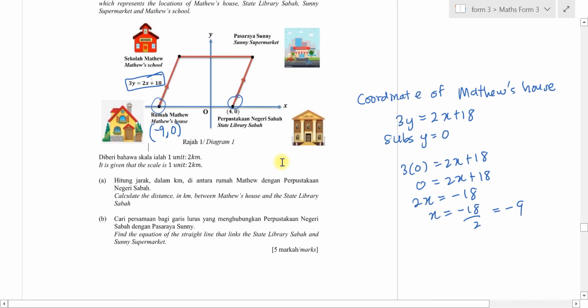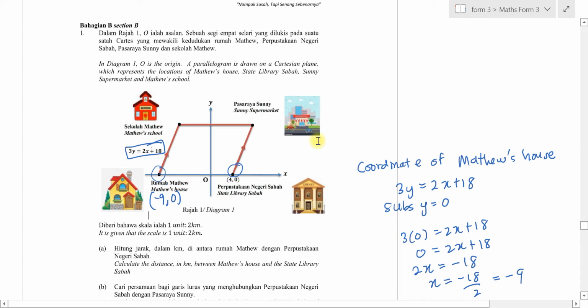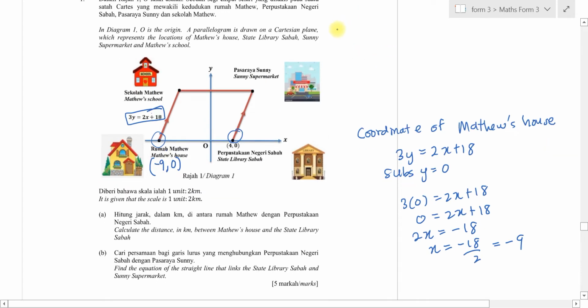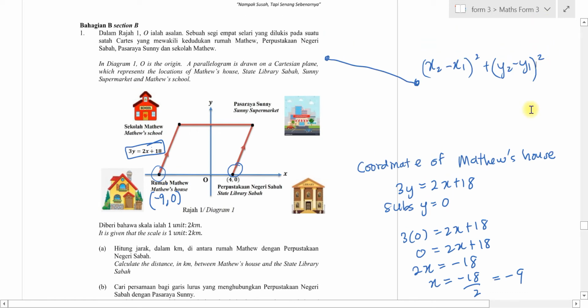If they are horizontal or vertical, smart tip, you must know this is only for inclined lines. When you want to find the distance, use the formula x2 minus x1 square plus y2 minus y1 square, then square root. This is actually the Pythagoras theorem, what we call a formula. If you understand this formula well, this is actually Pythagoras theorem.